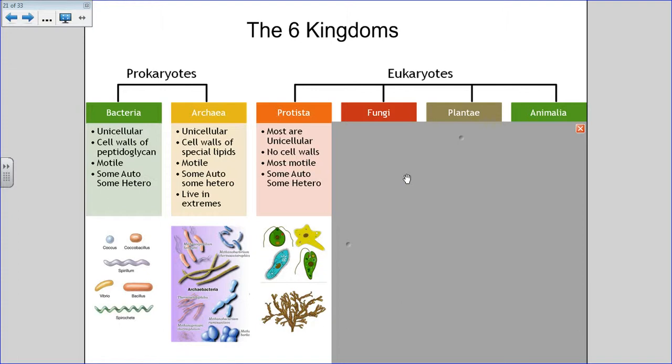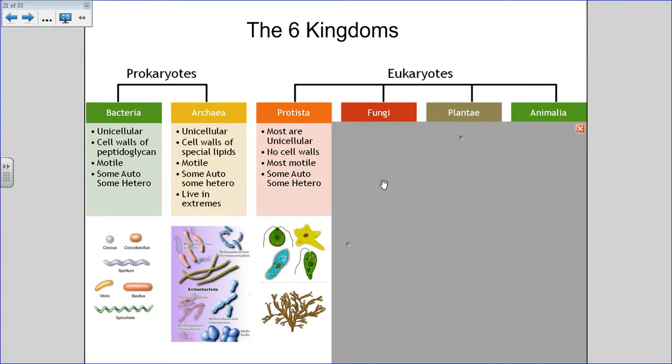So there's 3 main groups within kingdom protista: the animal-like ones, the plant-like ones, and the fungus-like ones. Most of them are unicellular. Only the seaweeds are the multicellular ones. They have no cell walls. They're mostly motile. Some of the seaweeds are not. Some are autotrophs, some are heterotrophs. And these were some of the examples, if you remember.